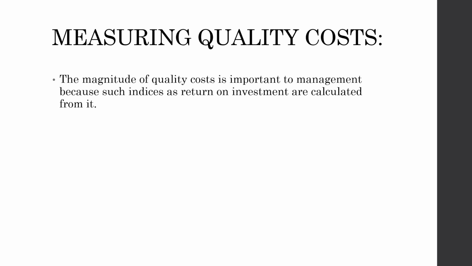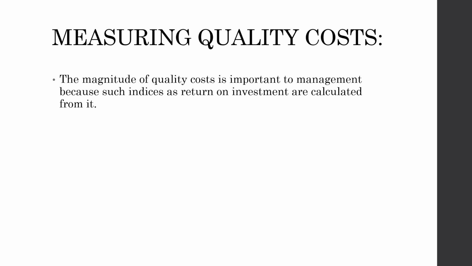The magnitude of quality costs is important to management because indices such as return on investment are calculated from it. However, for comparing quality costs over time, magnitude may not be the measure to use because conditions often change from one quarter to the next.